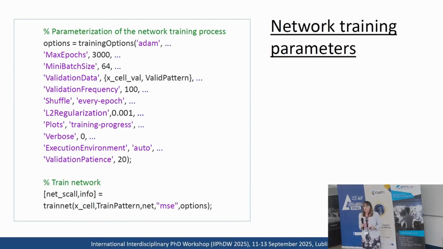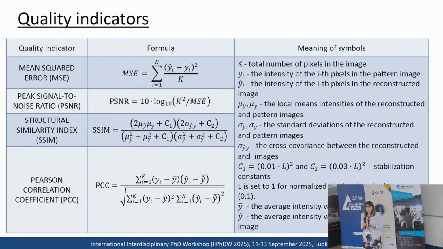To compare these results, we use standard quality indicators: mean square error, peak signal to noise ratio, structural similarity index, and also Pearson correlation coefficient. Here you can see the formulas, but I think everybody knows these indicators.